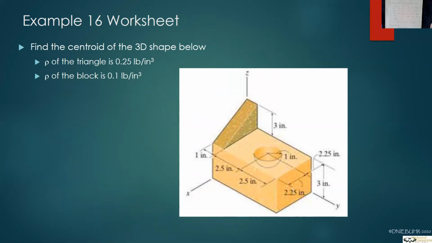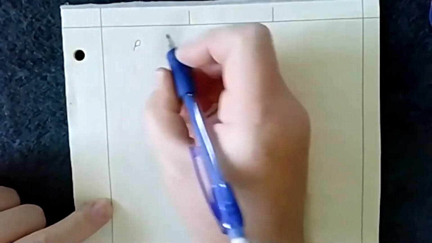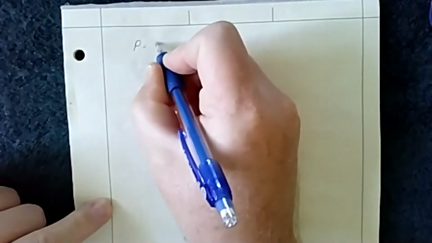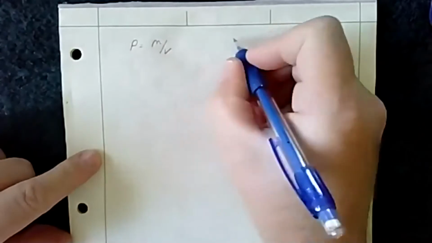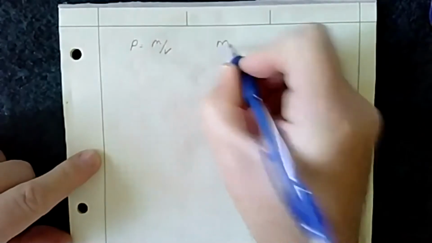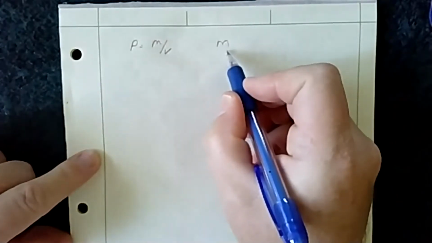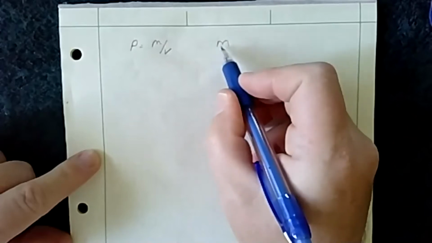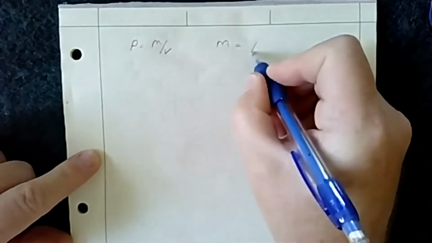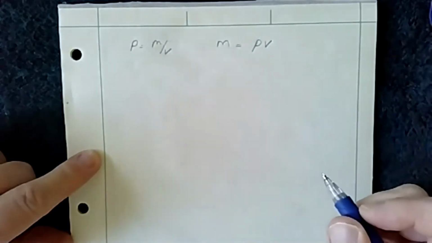Now, the way you deal with this is that density is equal to mass per unit volume. Usually we're finding the center of mass, right? But if we want to substitute, mass is just going to be equal to rho times volume.